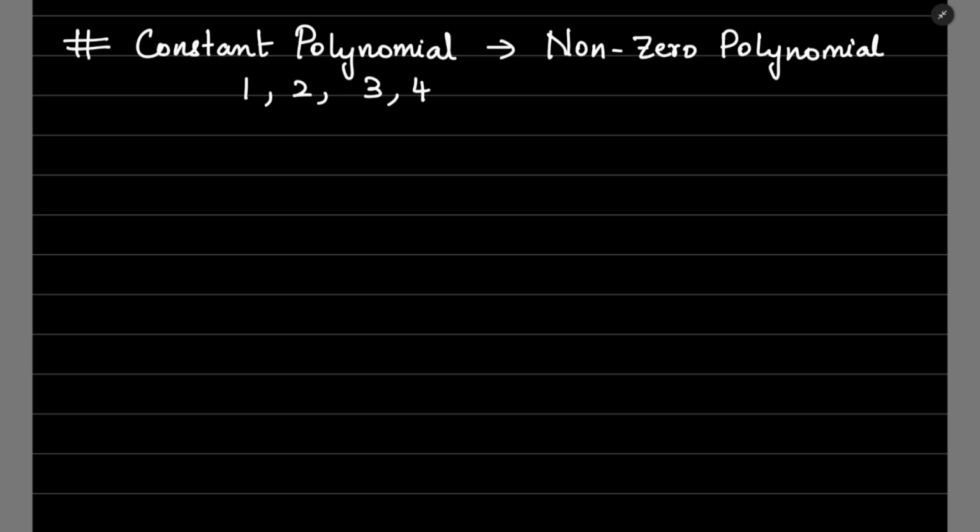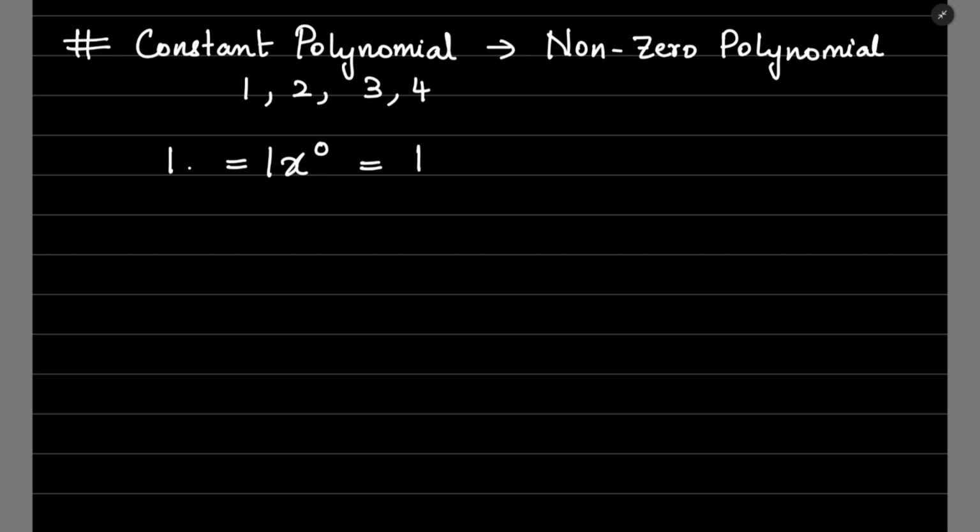What would be the degree of a constant polynomial? Suppose the constant is 1, right? I can write 1 as 1 into x to the power 0. Anything to the power 0 is 1, so it will remain 1. But I cannot put anything apart from x to the power 0, because x to the power 1 would be x, x to the power 2 would be x square.